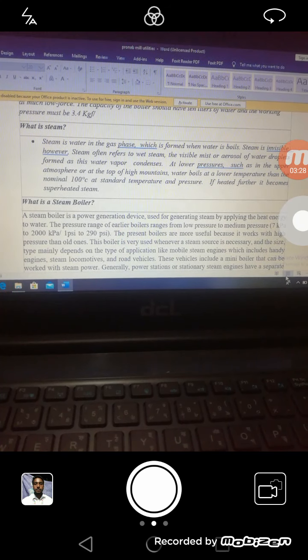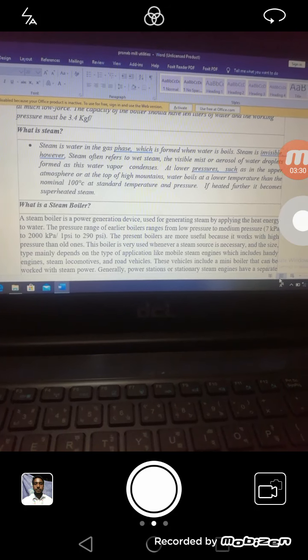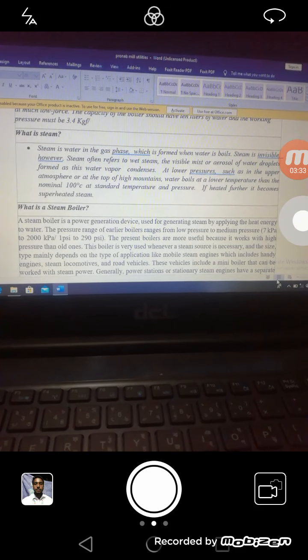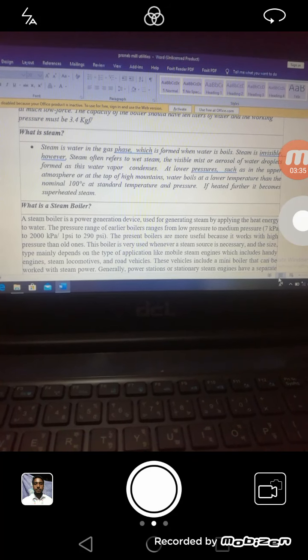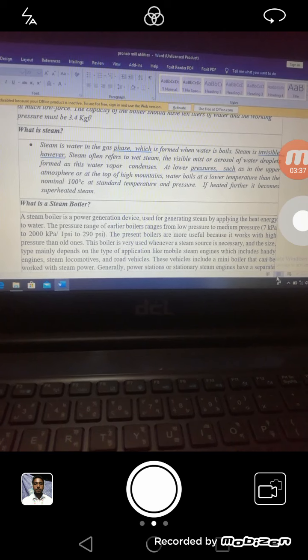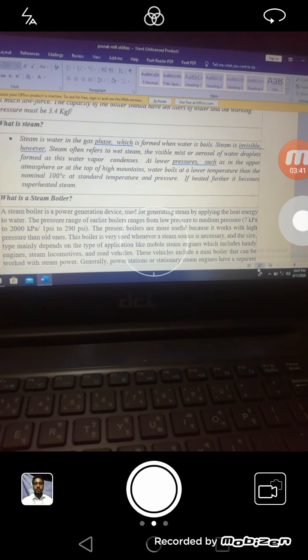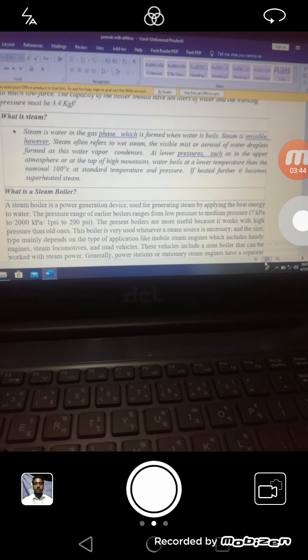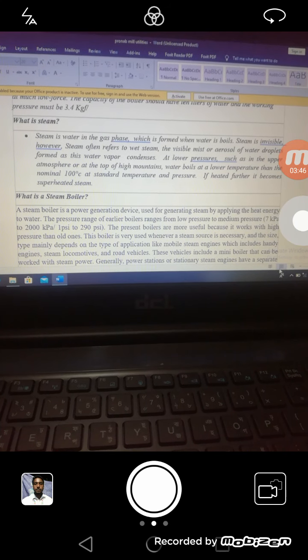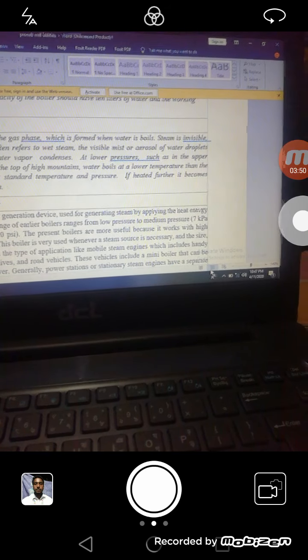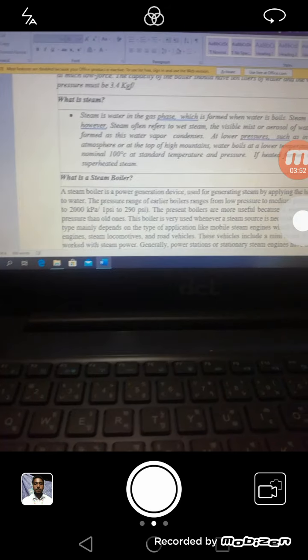The boiler is used whenever a steam source is necessary, and the size and type mainly depend on the type of application, like mobile steam engines, which include handy engines, steam locomotives and road vessels. These vessels include a mini boiler that can be worked with steam power.